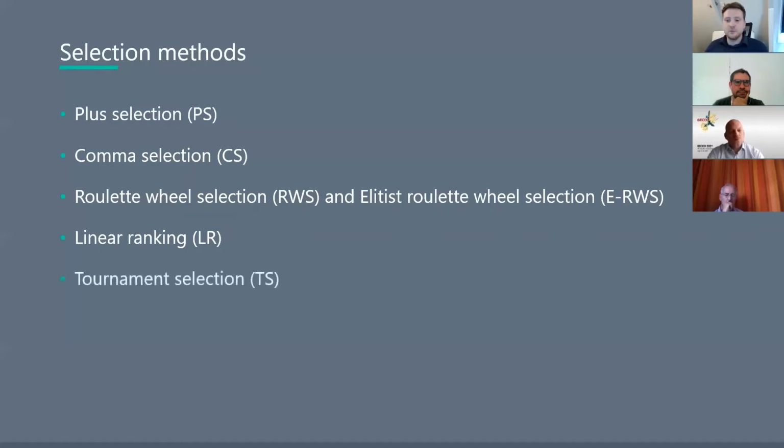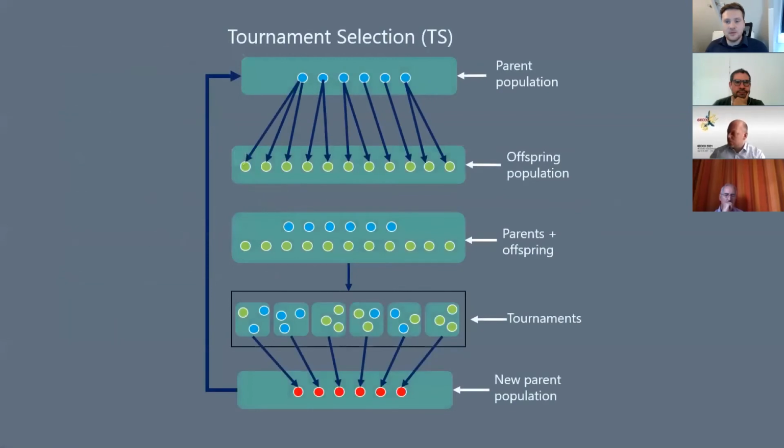And next we have the tournament selection, which I will elaborate on a bit more. Here again we see the animation of the plant propagation algorithm. But now at the bottom we see that there are tournaments included. So we select individuals from the parent and offspring populations, randomly place them in tournaments.